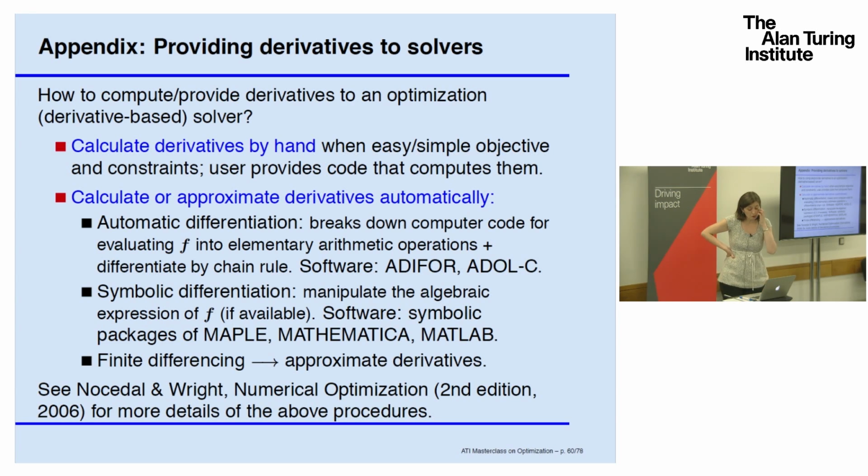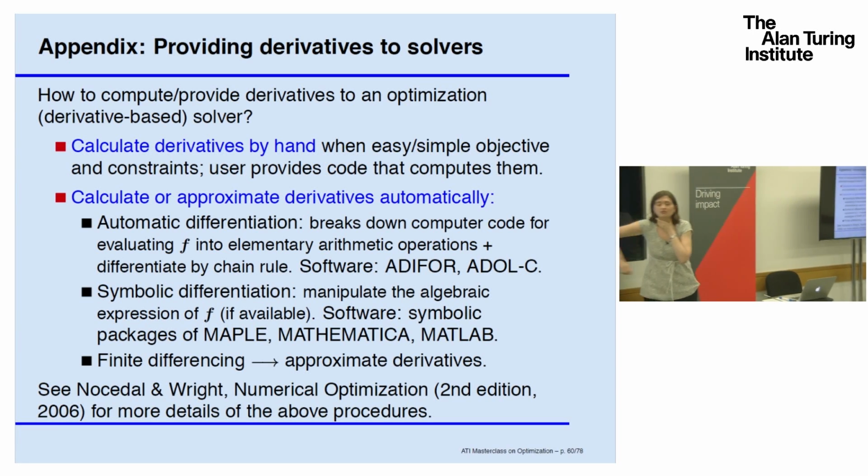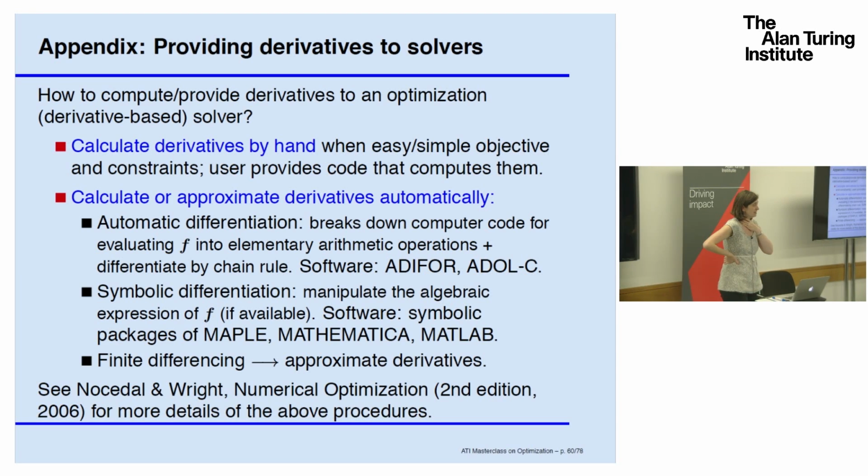If your function is smooth and you don't expect noise, a very easy thing to do is finite differencing. Again, there is good code out there. It's not so trivial to write a good finite differencing code. But for example, there are optimization interfaces like AMPL that will already calculate the finite differences for you.